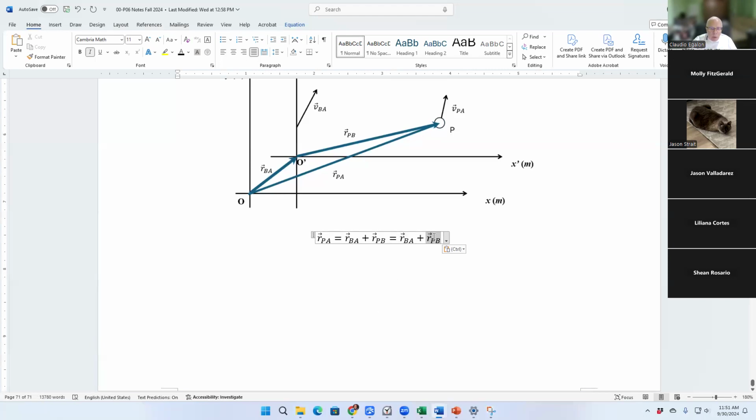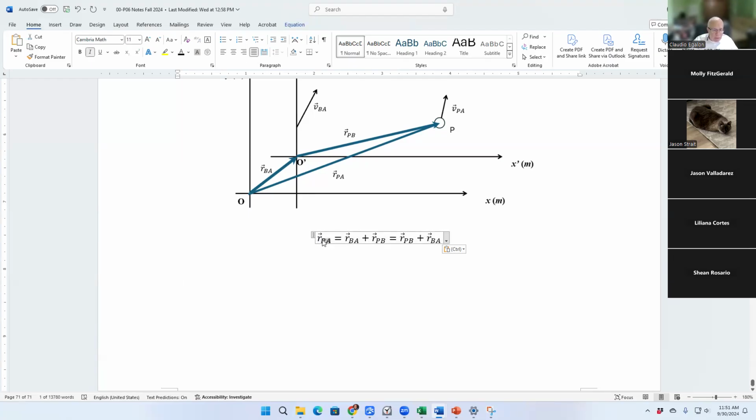If we commute those two vectors, put this guy right in here and this other one right in here, now we have an equation that's easier to memorize. And how is that going to be easy? Just notice this point P here.